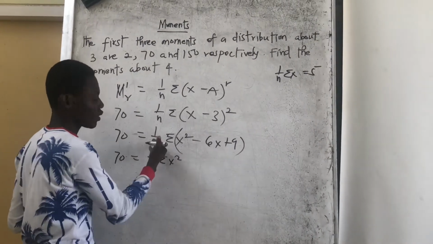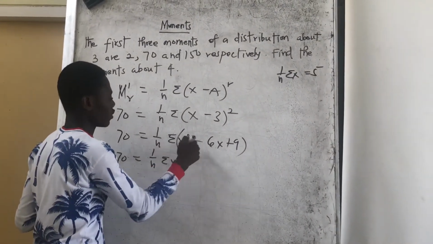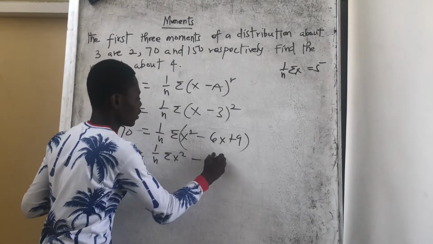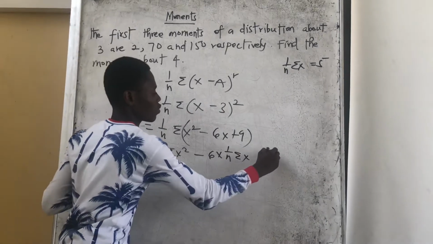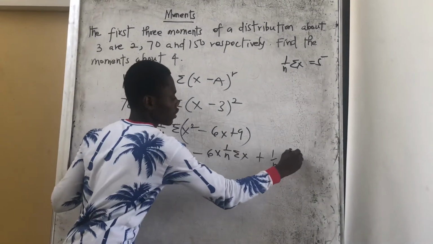then we multiply the 1 over n sigma through. So 1 over n sigma is going to be minus 6 times 1 over n sigma x, then plus 1 over n sigma 9.